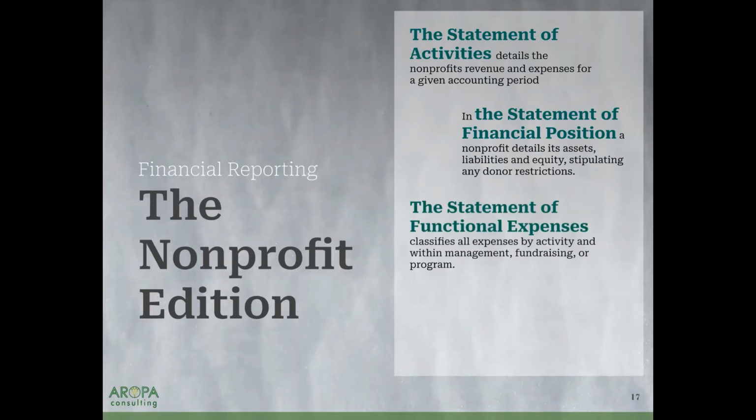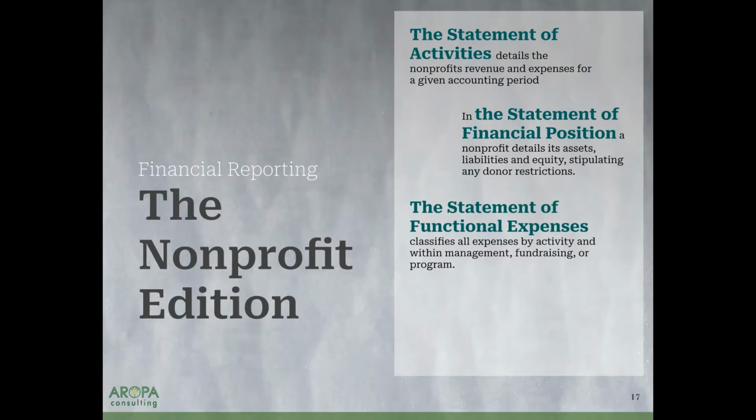The statement of functional expenses, sometimes also called the report by activity and function, most of the time called statement of functional expenses, classifies your expenses specifically by activity and management, fundraising, or program. Remember those three pieces that we had talked about before.